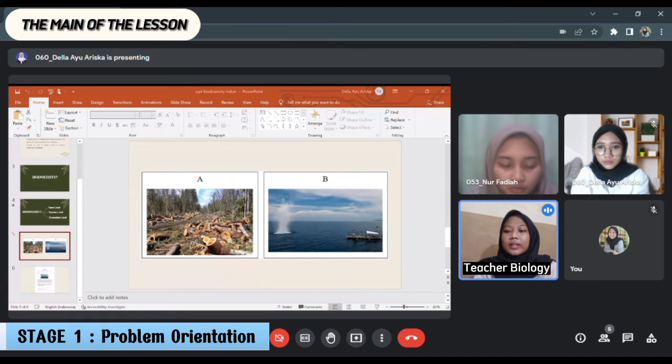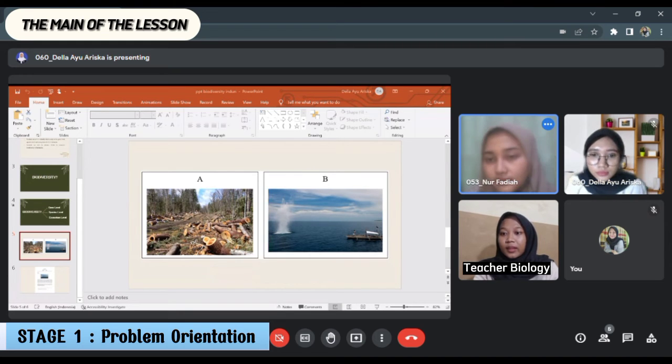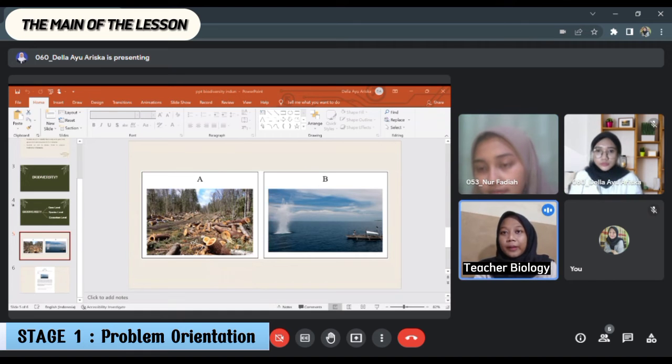Now, who can describe the phenomenon in picture A? Me, ma'am. Yes, Nur. Figure A shows deforestation activities carried out by humans with the aim of clearing new residential land. Nice answer. Thank you for your opinion. Now, who can describe the phenomenon in picture B?